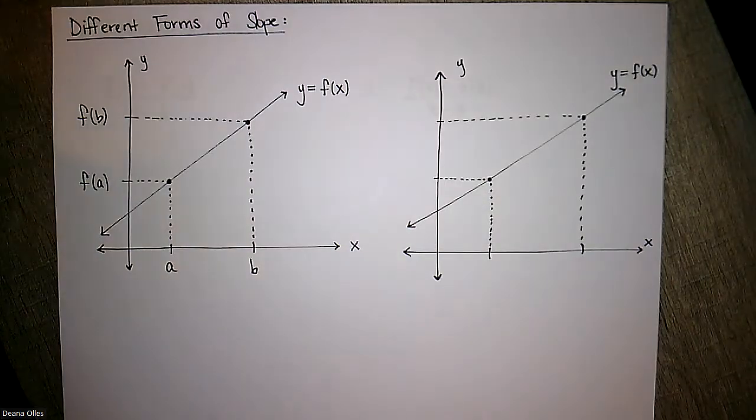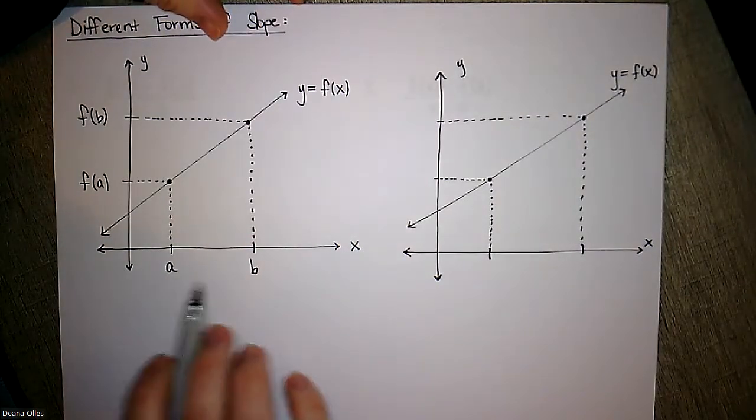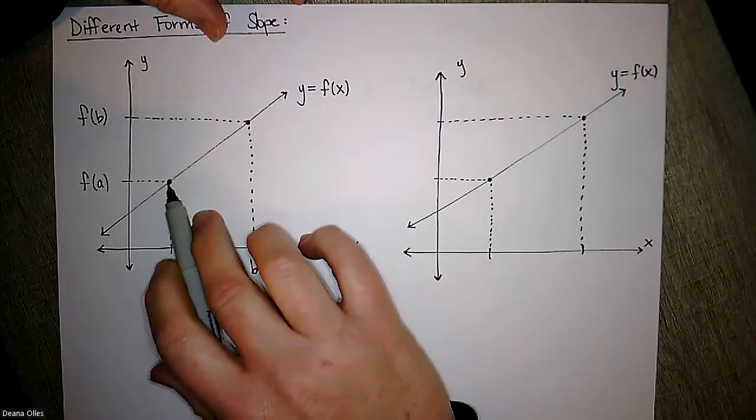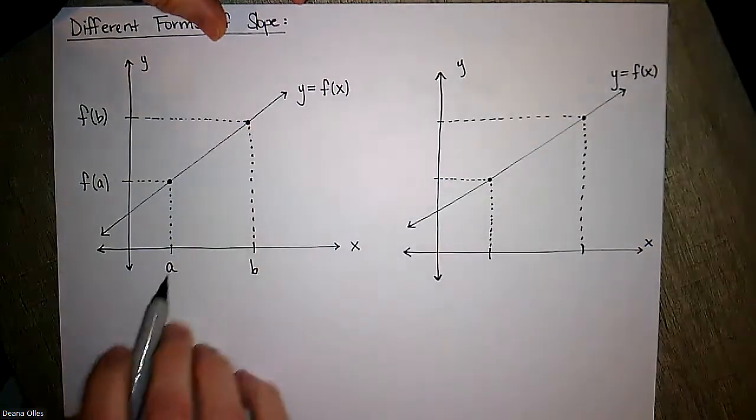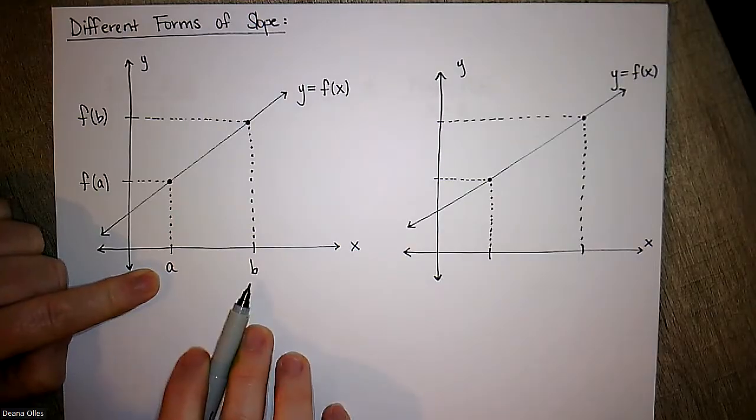All right. And let's say that I want to find the slope of this line, which I'm defining by f now, between A and B. Okay, so I'm finding the slope between these 2 points. Well, now my x values aren't x1 and x2, they're A and B, the way I've defined them.